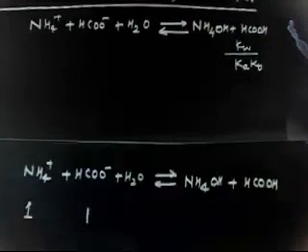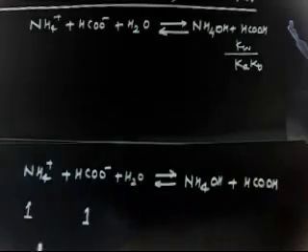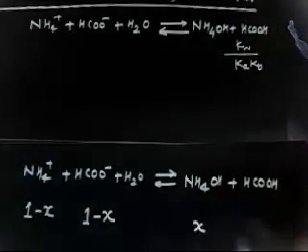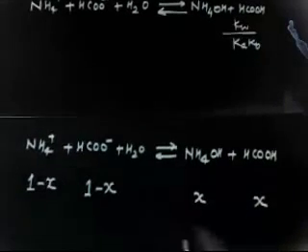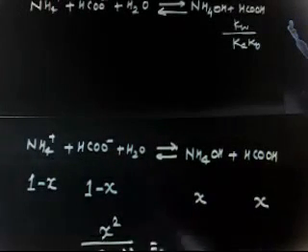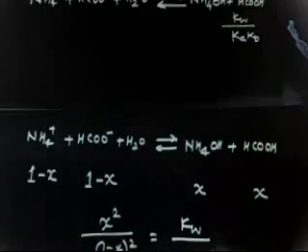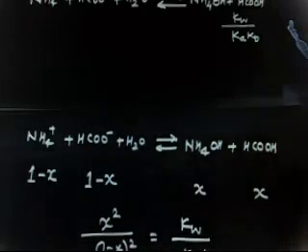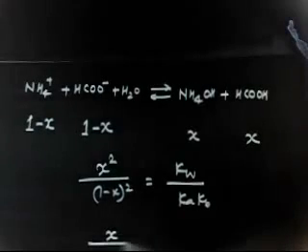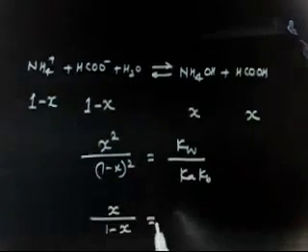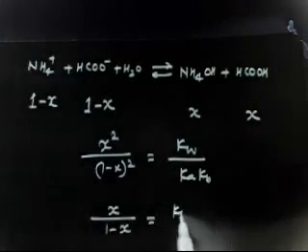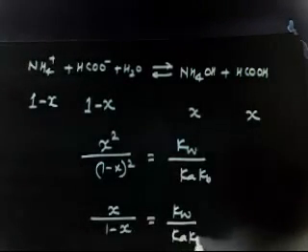This is 1, this is also 1. Now let us say this is minus x, this also minus x, and we have x here, x here. So now I can write x square divided by 1 minus x whole square equals Kw by Ka into Kb. Are you getting or not? Now I can solve for x by 1 minus x. x by 1 minus x is nothing but root over Kw by Ka into Kb.